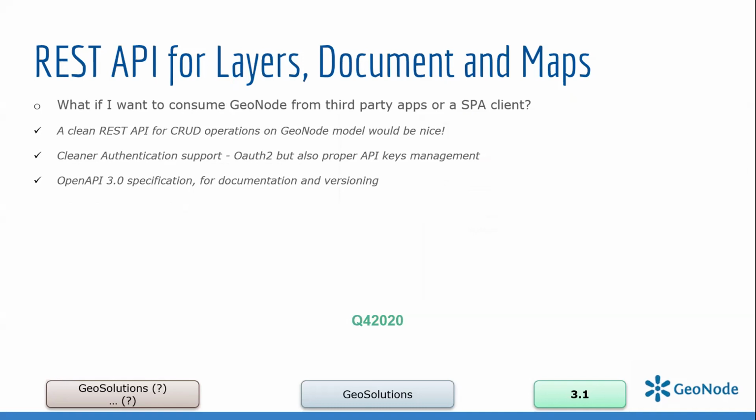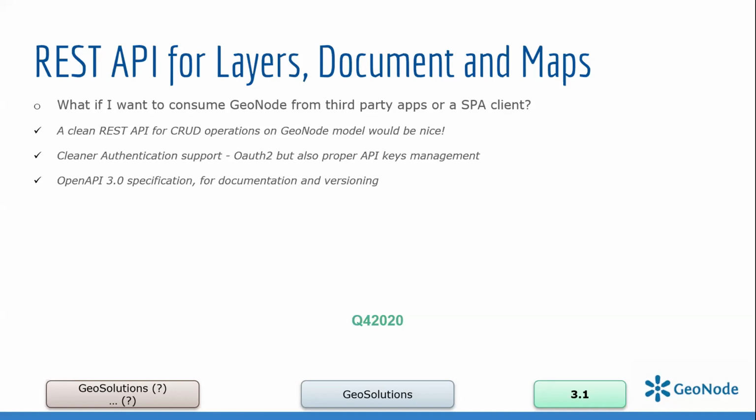This is also something that is missing on GeoNode, or at least it's not well documented: an official REST API for layers, documents, and maps. Currently, there are REST APIs that allow you to access the datasets of GeoNode in read-only mode. So we plan to transform those APIs into real CRUD operations, being able to modify and delete resources directly by using the APIs, not only the user interface.